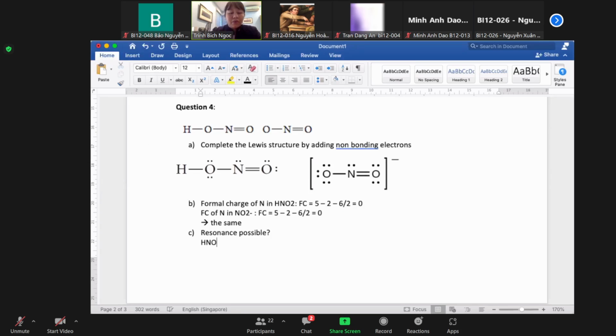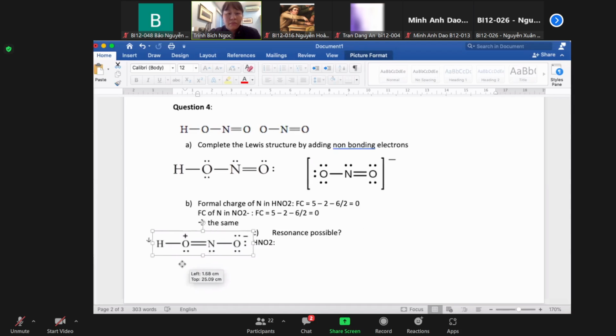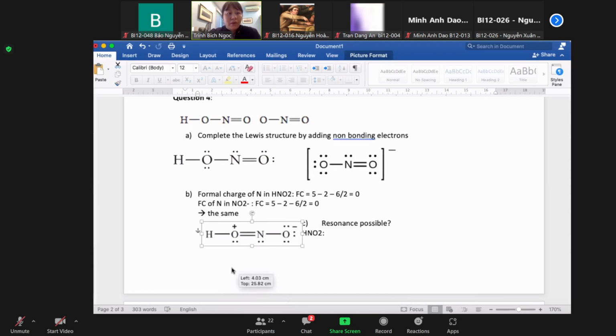For HNO2, you will have another possible resonance like this. How can I move it?